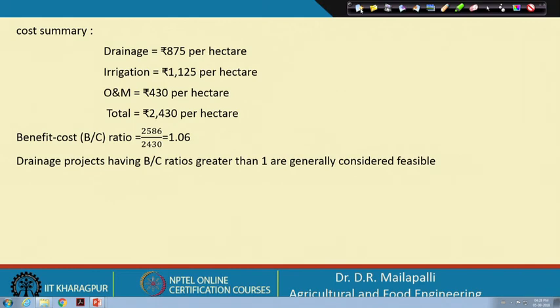Then we compare with the costs and see whether the present benefits are more than the cost. If they are more than the cost, then definitely it is worth investing in the particular drainage project, and the benefit by cost ratio should be more than 1. So, these things need to be studied before investing in a drainage project.